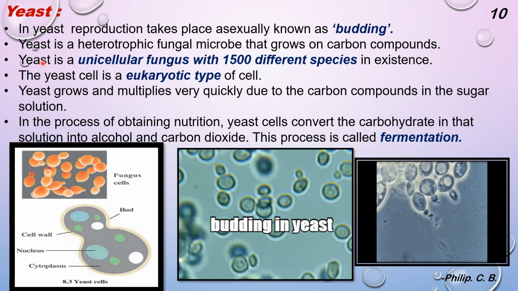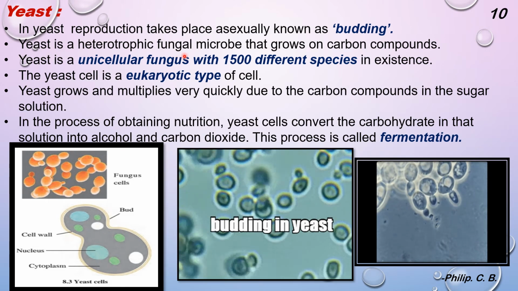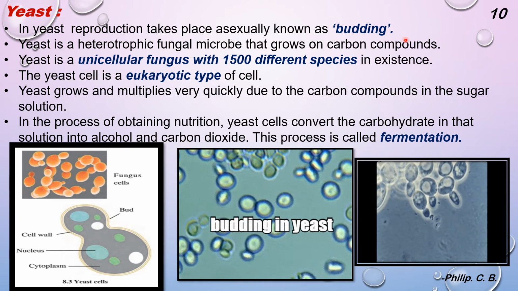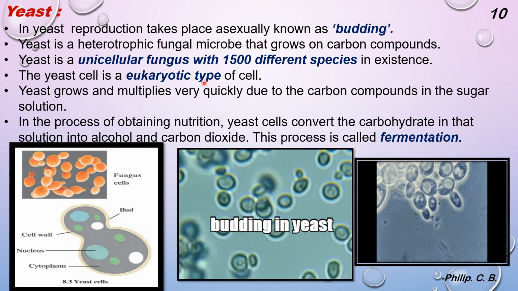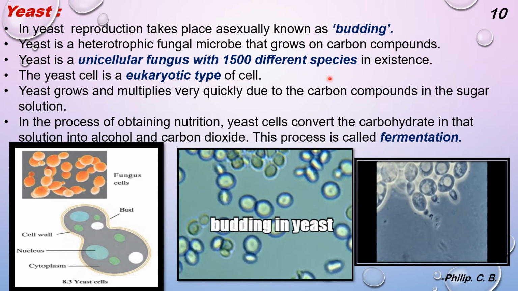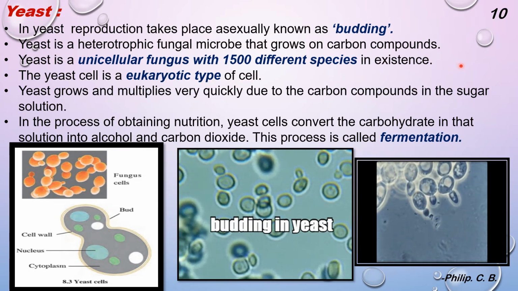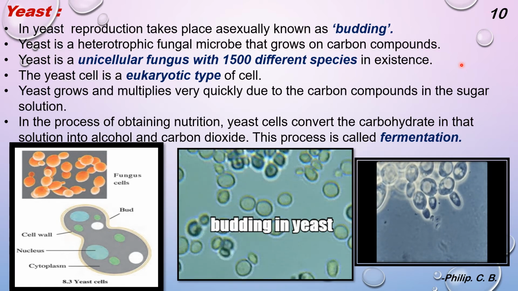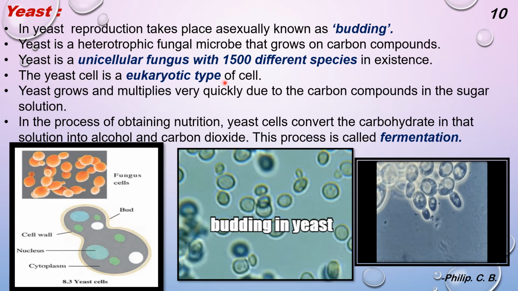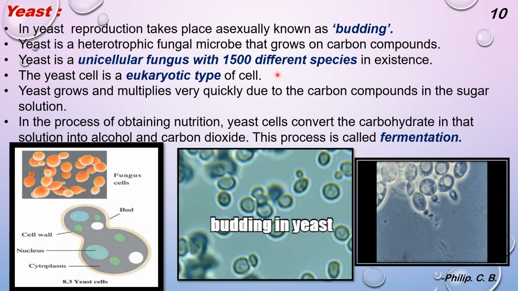Yeast is a heterotrophic fungal microbe that grows on carbon compounds. Yeast is a unicellular fungus with 1500 different species in existence. How many? 1500 species of yeast are present. The yeast cell is a eukaryotic type of cell.